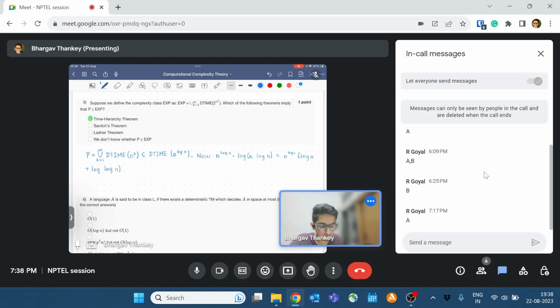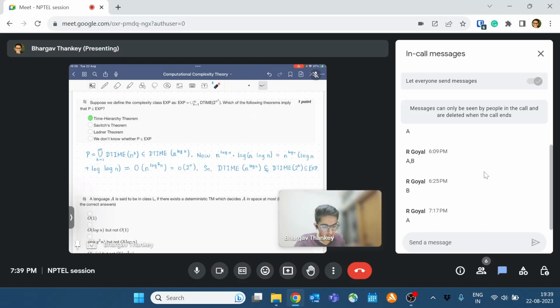Okay, so this is the theorem. If you want to use the time hierarchy theorem, we need to show that this is small o of 2 to the n, right?